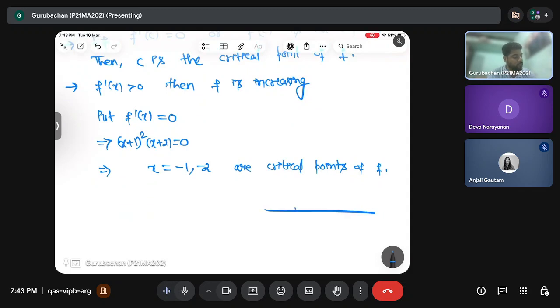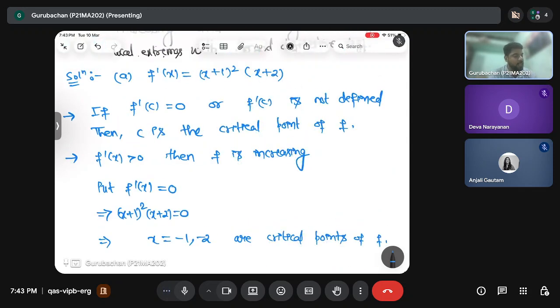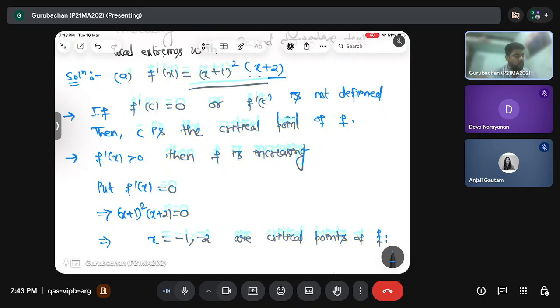Since these are critical points, so if we will observe that, any sign after minus 2, sorry, I had drawn it a little wrong, so obviously minus 1 will be here. So any point after minus 1 will decide the function is increasing or decreasing over that interval. If you put 0 in this interval, this will give you a positive value.